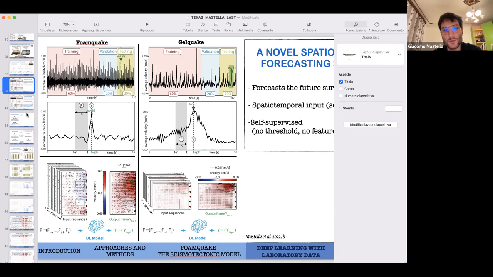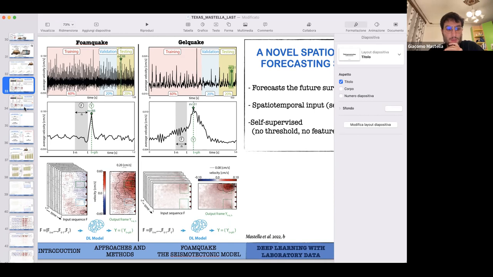The main goal was to propose a novel spatiotemporal method, and we decided to mainly focus our attention on the different predictions that you can obtain with different experiments, to test which was the easiest experiment to predict, and not try to build a very universal architecture. Yeah, so I guess it might be pretty good for repeating earthquakes in nature.